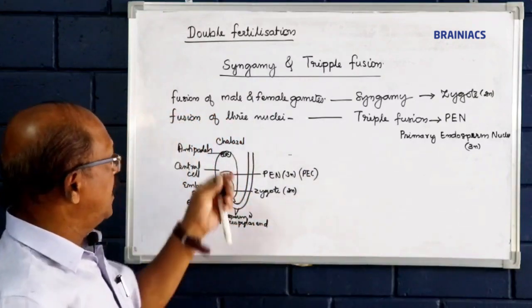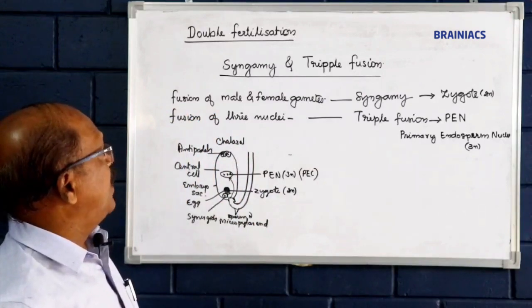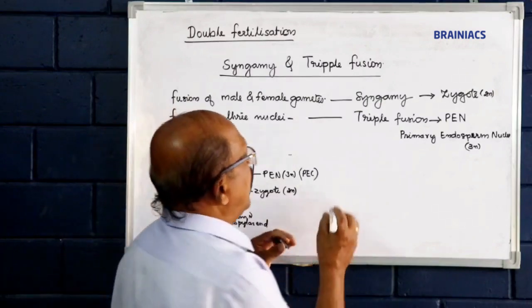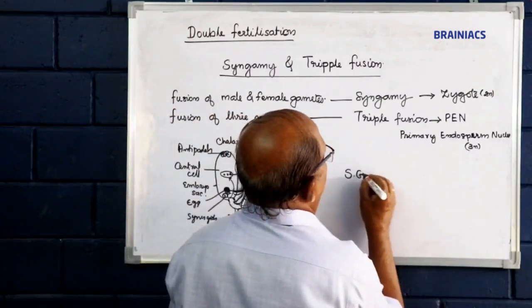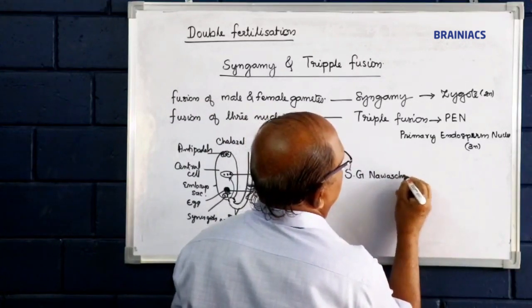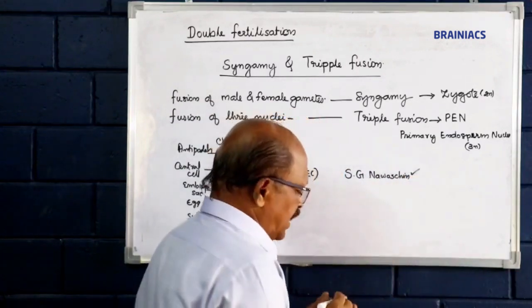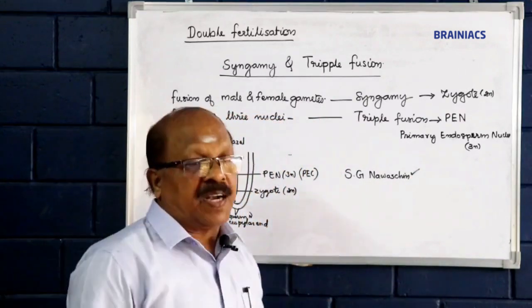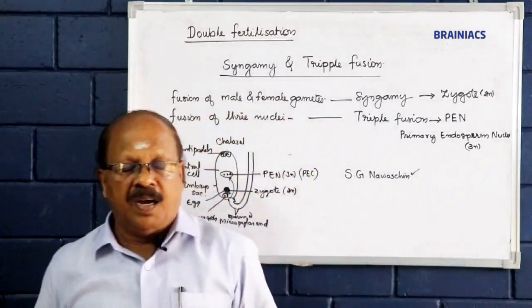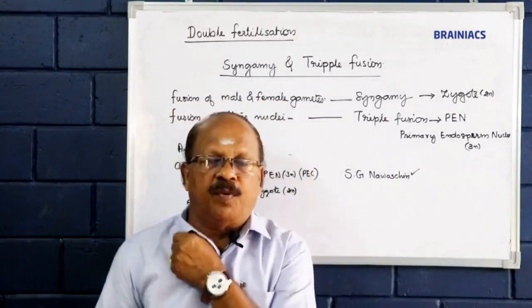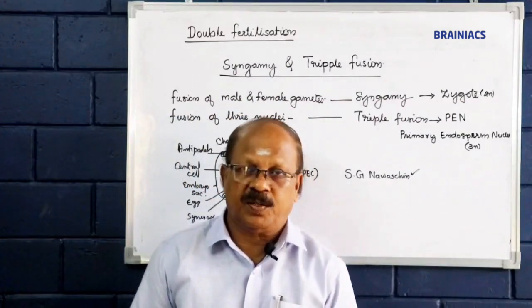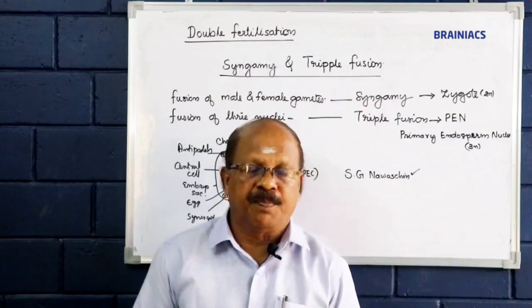The process of double fertilization in angiosperms was suggested by S.G. Navashin. So generally we can say double fertilization in angiosperms results in the formation of a zygote and a primary endosperm nucleus: syngamy and triple fusion.